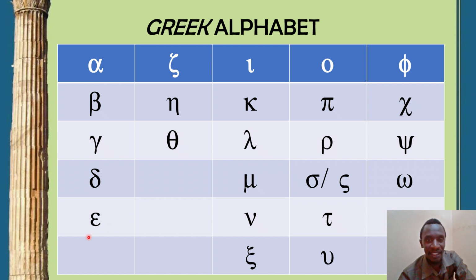But again, you have the second column where you have zeta, eta, and theta. And these are very new. So one of the things that I used to learn about these is to think about the word "this".